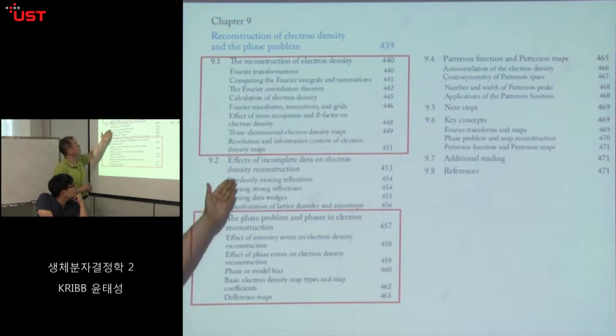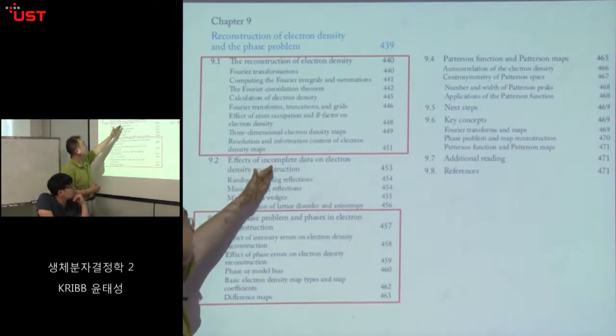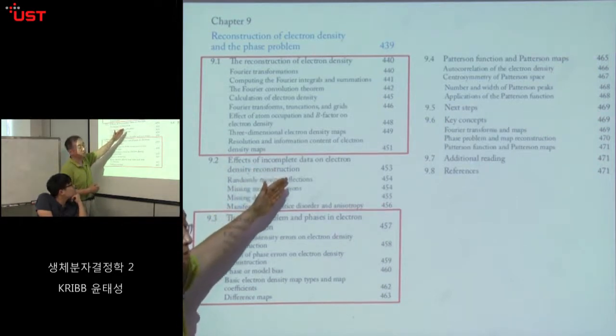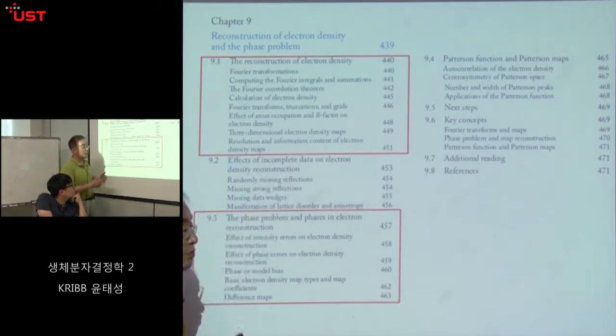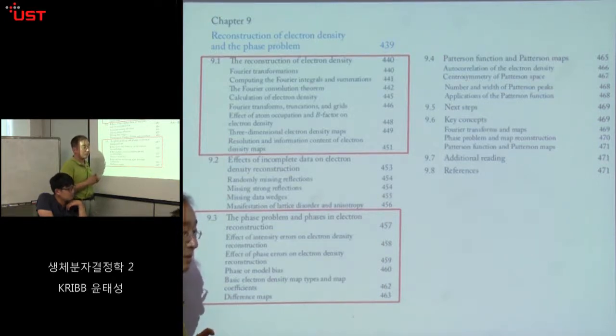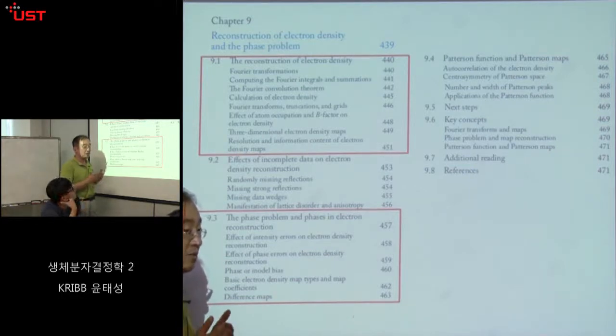So mostly we are concerned about incompleteness in reciprocal space or diffraction space. Those will result in noisy imaging in real space. Okay. So incompleteness has something to do with equivalent sampling. Unless we have equivalent sampling, we cannot avoid noisy reconstruction.